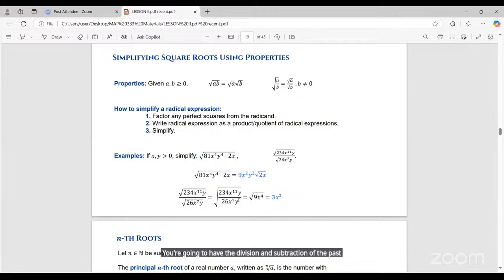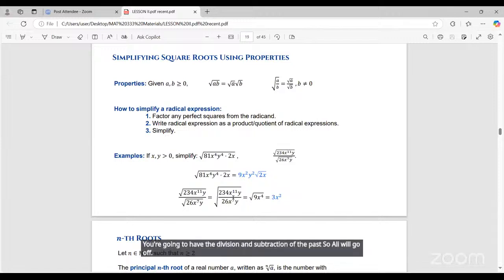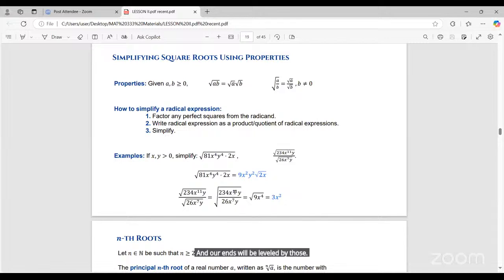So our y will go off and our x will be x to the power 11 minus 7, which will give us x to the power 4.